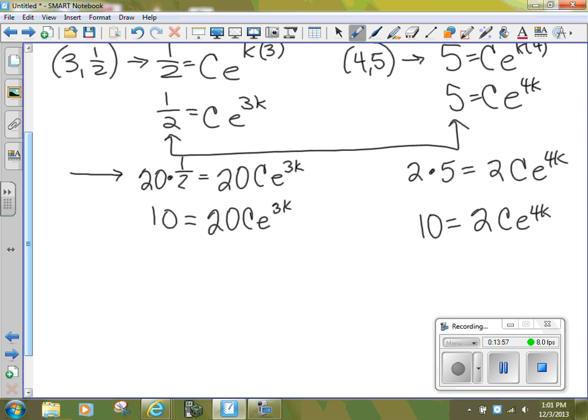Now they're both equal to 10. Algebra, y'all, come on. Can I divide by 2C? Divide by 2C, yep, you're right.